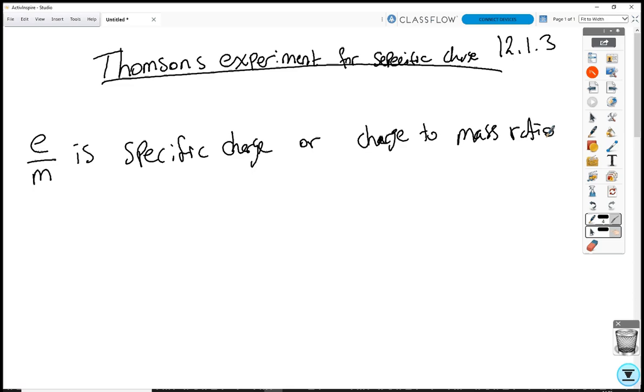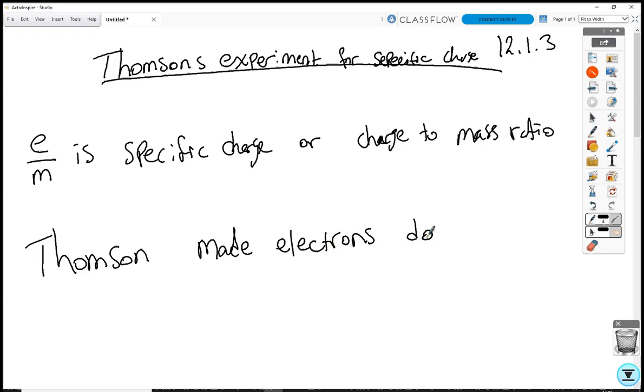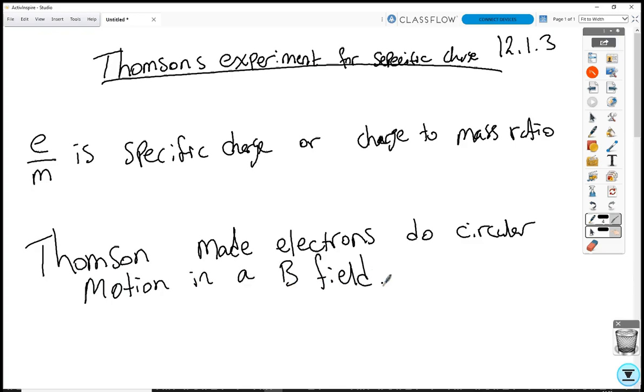Now, Thomson made electrons do circular motion in a magnetic field. So just as a reminder, we call these B fields.